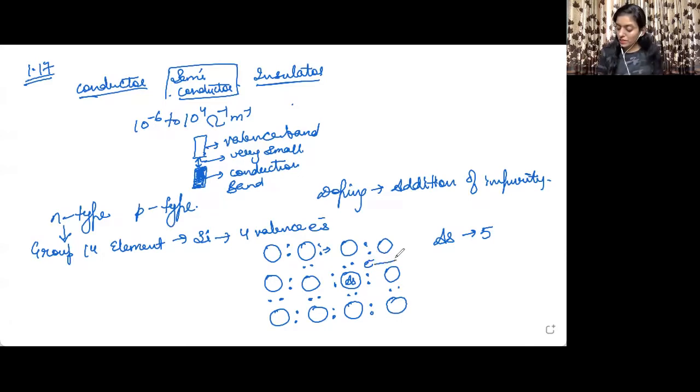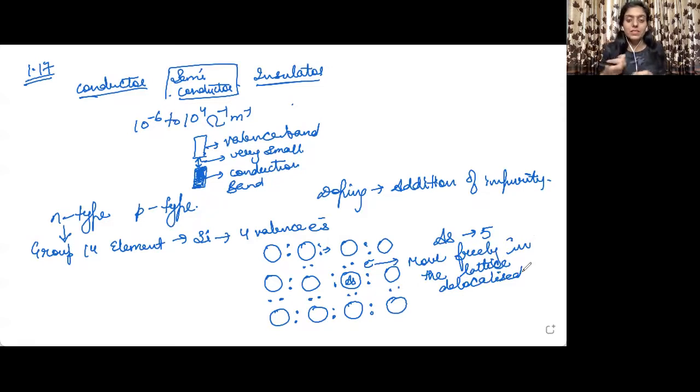This free electron can move freely in the lattice, that is, it is delocalized. It is not fixed at one point, but keeps moving from one point to the other. So when there is flow of electrons, there is flow of electric current.